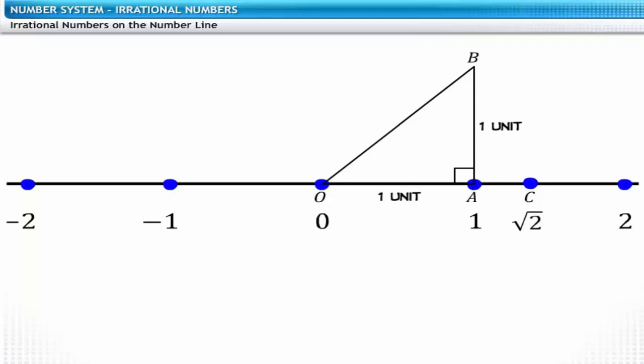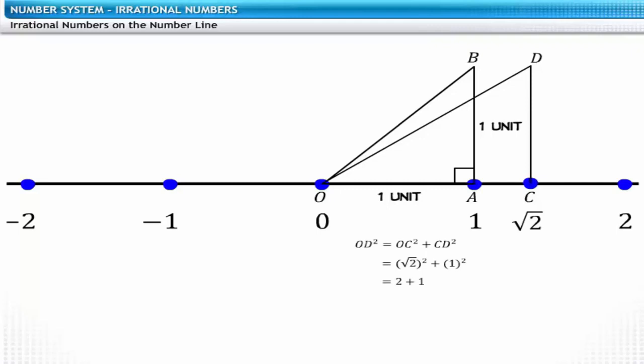Similarly, we can represent square root of 3 on the number line. Let's see how. In the same figure, through C, draw CD perpendicular, of 1 unit length. Join OD to get right-angled triangle OCD. Applying Pythagoras theorem for right-angled triangle OCD and substituting the values of OC and CD, we get OD squared as 3.